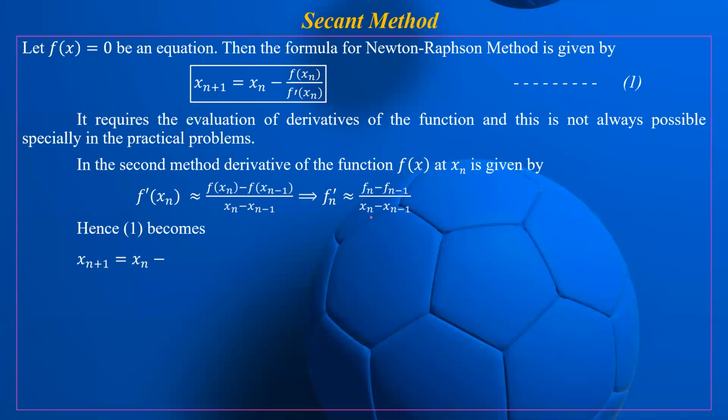x n plus 1 is equal to x n minus f n upon f dash of x n.